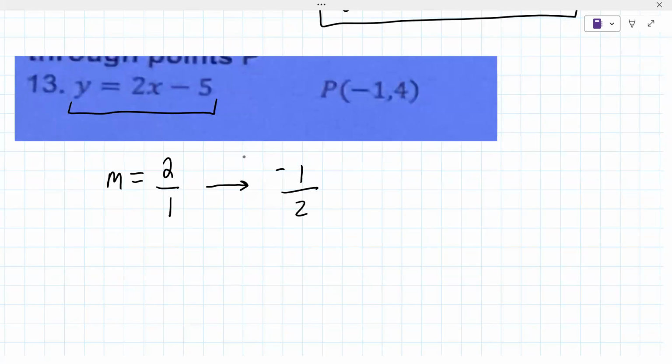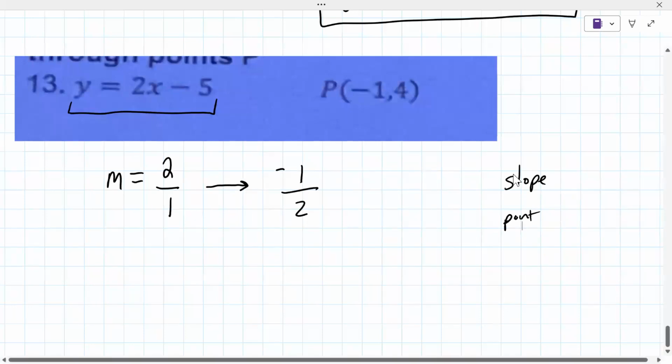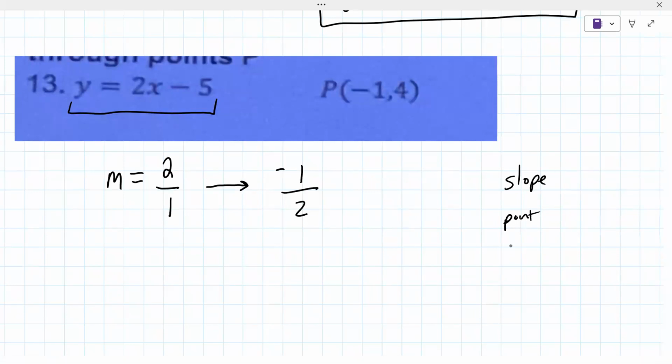Okay, so now you have a slope and a point. Which equation should you use when you have a slope and a point? Point slope. Yes. Can you tell me point slope form? Let's see, I wrote it down here.